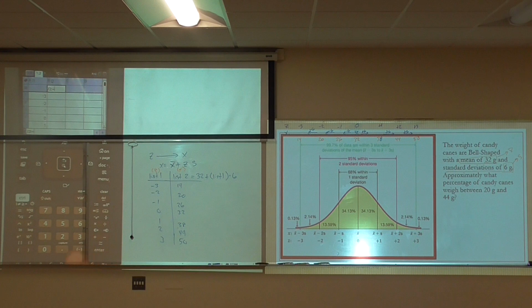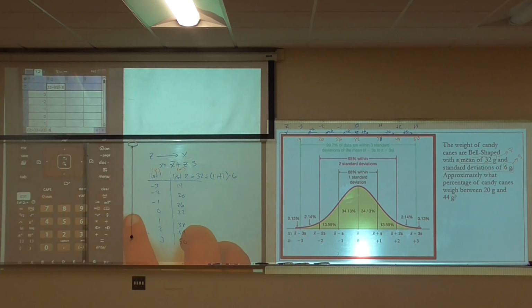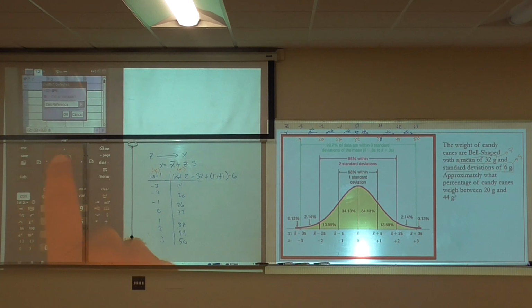Well, I want the same expression: 32 plus the parentheses of this list, and outside the parentheses, we're going to be multiplying it by 6. We put an expression into the calculator. Once again, in this portion, make sure that you're choosing variable if you're doing it through the list, and once you have that situated, press OK.